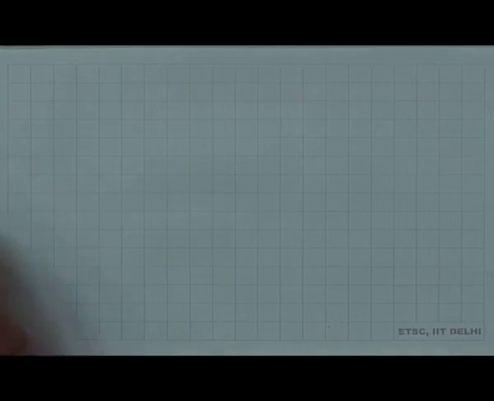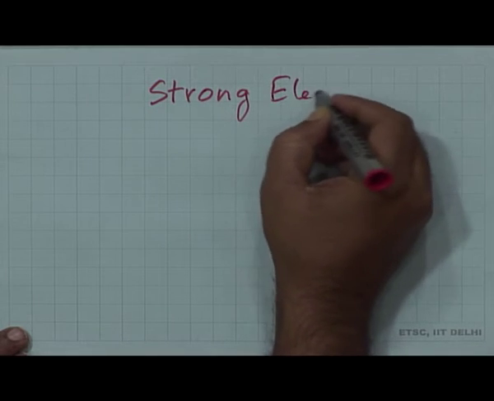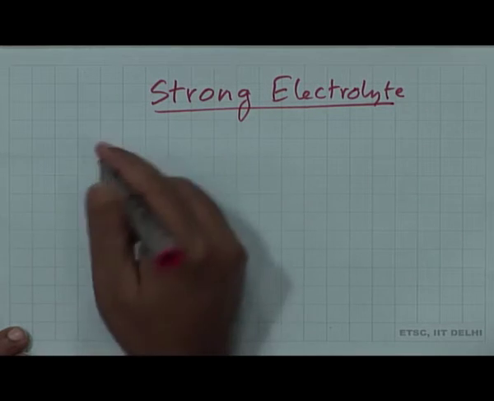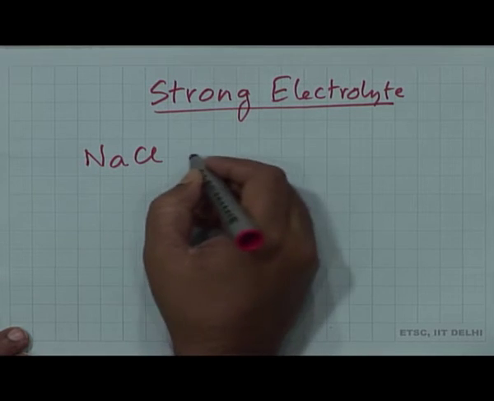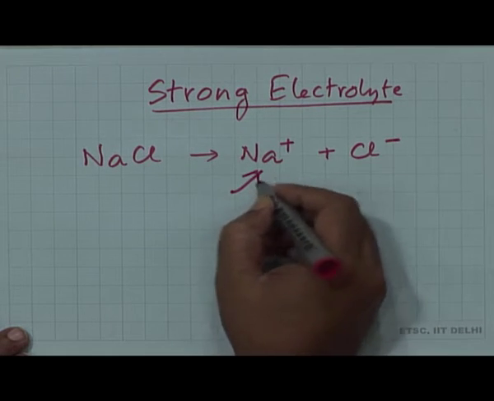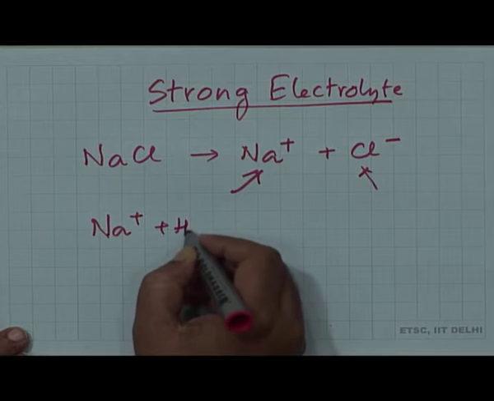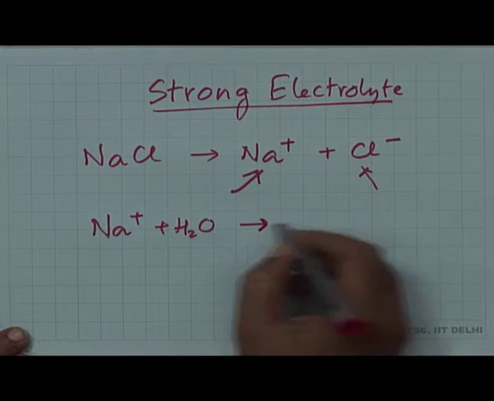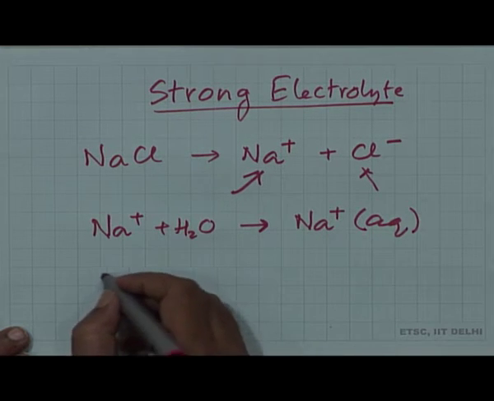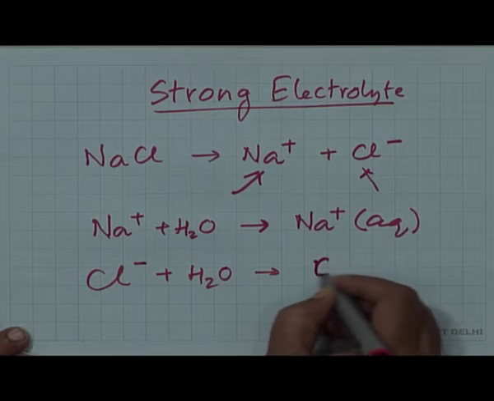Generally, in the case of a strong electrolyte, both the cation and the anion, for example Na+ and Cl-, simply get hydrated when they react with water.